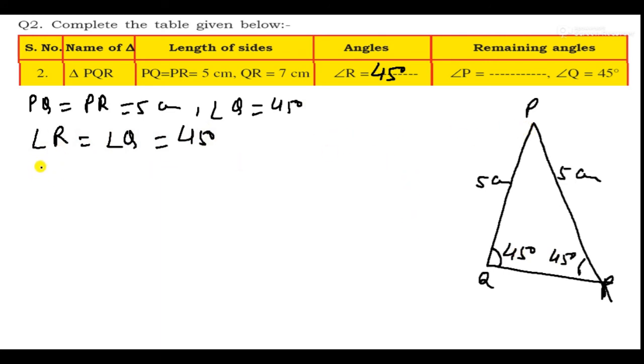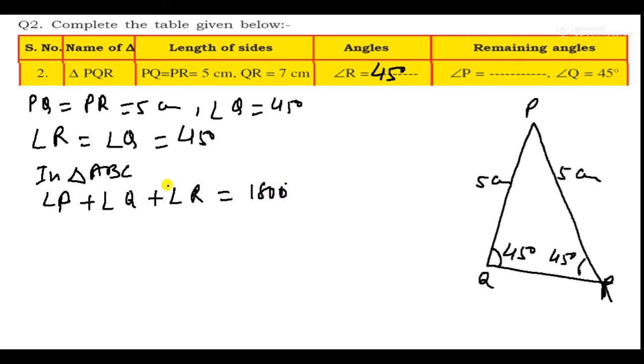Now come to angle P. In triangle PQR, the angle sum of all the triangles is equal to 180 degree. So angle P plus angle Q plus angle R is equal to 180 degree. Now put the values. Angle P, we don't know.